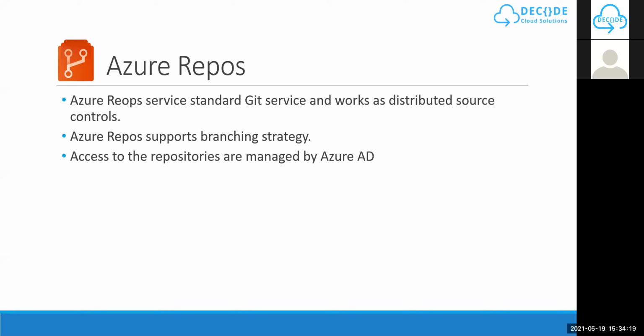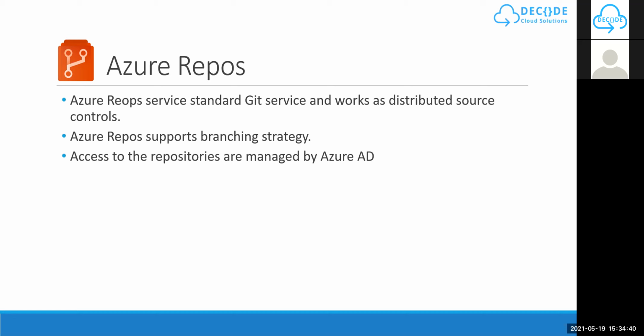Therefore, source code access management becomes fast and easy, because you can control it with the help of Azure AD. On top of that, Azure Repos also supports all the Git clients and all IDEs, all editors, so you can easily integrate with that.